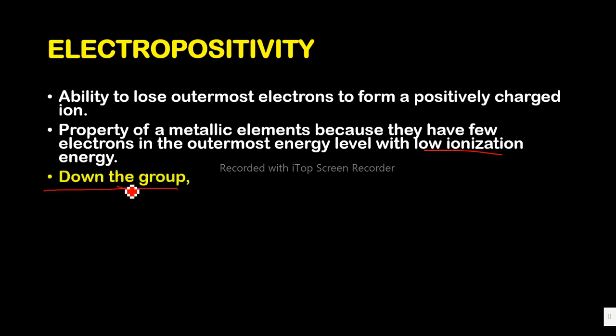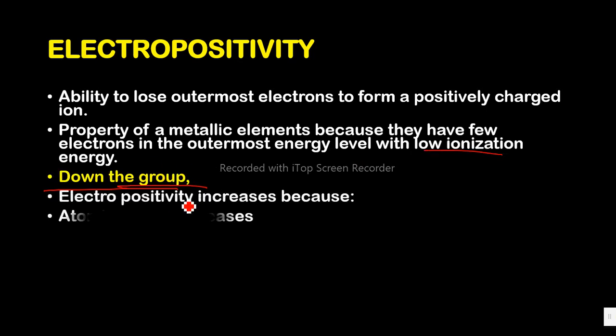Down the group, of course, you expect electropositivity to increase, because down the group the atomic radius increases, and if you increase the size, then the force of attraction for the outermost electron decreases. The nuclear attraction for the outermost electron decreases, and so you easily lose that electron.